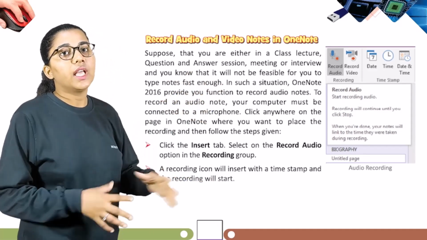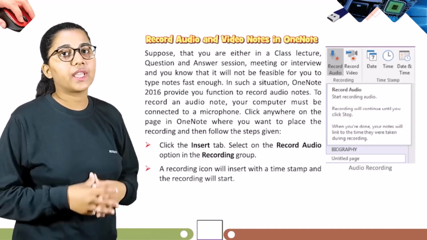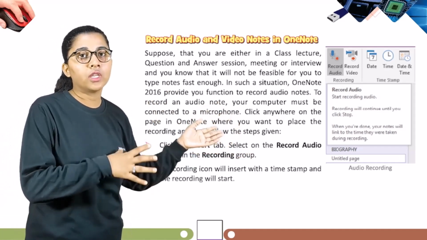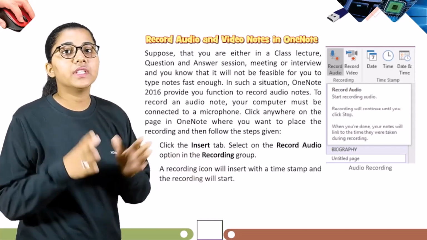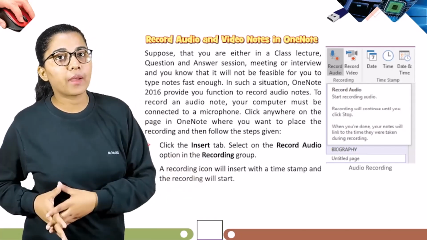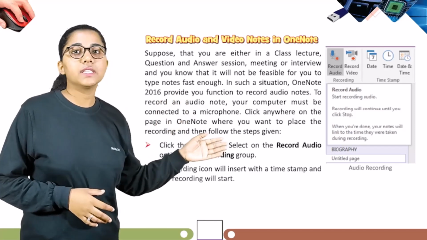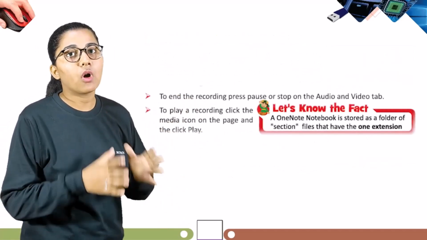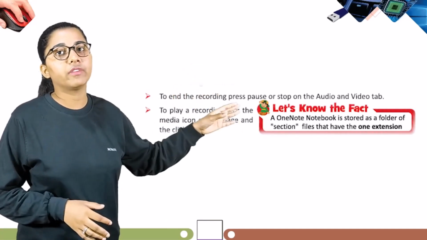So if you want to record your audio, you have to follow the steps given here. First, click the Insert tab, then select the Record Audio option in the Recording group. A recording icon will be inserted with a timestamp and the recording will start. To end the recording, press Pause or Stop on the Audio and Video tab.